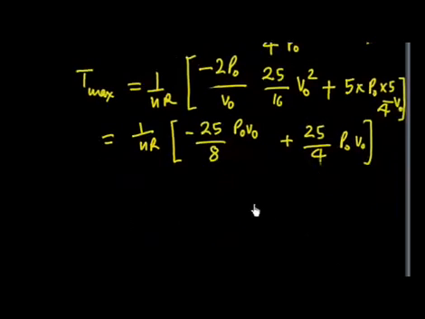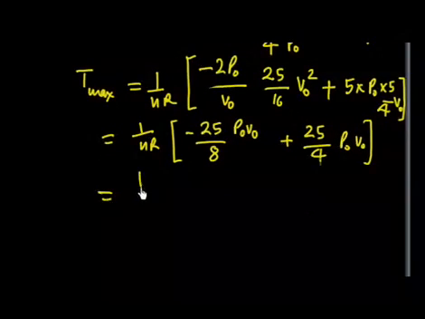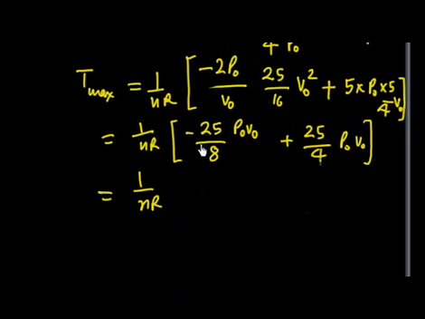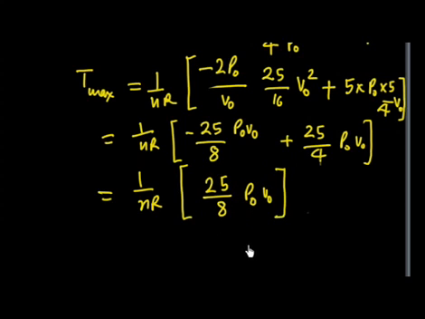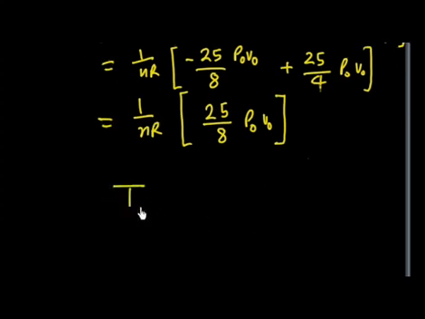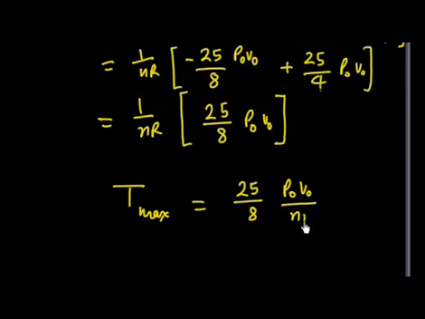So if you subtract this, what you will have? You will have 1 by nR. Are you getting or not? And then you have here 25 by 8, because this is half, so we will have 25 by 8 with the plus 1. So you will have 25 by 8 P naught V naught. So finally I can say this temperature maximum is equals to 25 by 8 P naught V naught by nR.